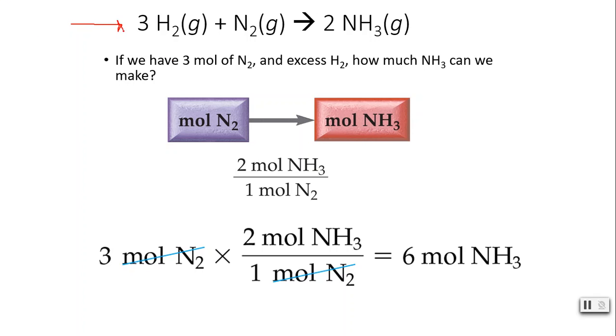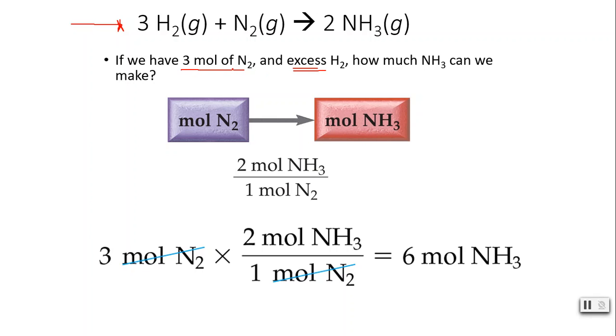Let's say I have this balanced chemical equation with hydrogen gas and nitrogen gas reacting to give me NH3 gas. And let's say I was to have 3 moles of nitrogen and excess H2. Why saying this is important will become clear later in the chapter, but for now, let's just focus on the 3 moles of N2.